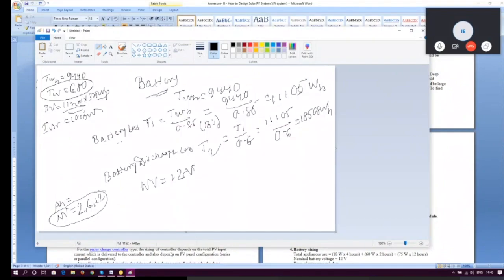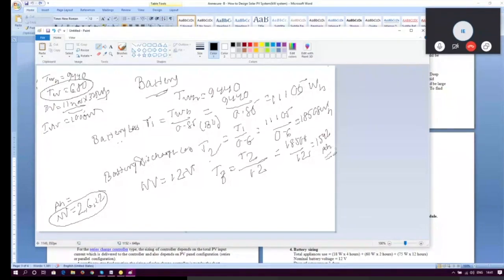So the third step is to get T3, where we divide T2 by the nominal voltage, that is 12 in this case. So 18508 divided by 12 is 1542.